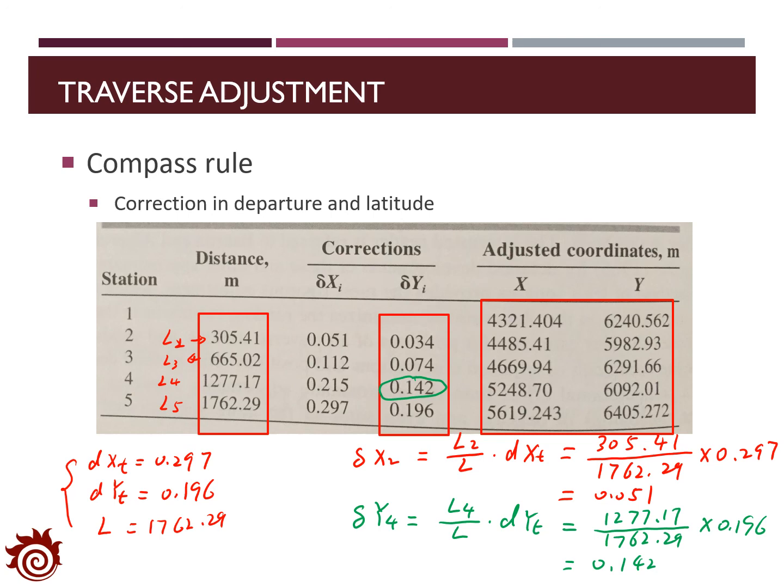You can also apply the same procedure for all the other corrections.